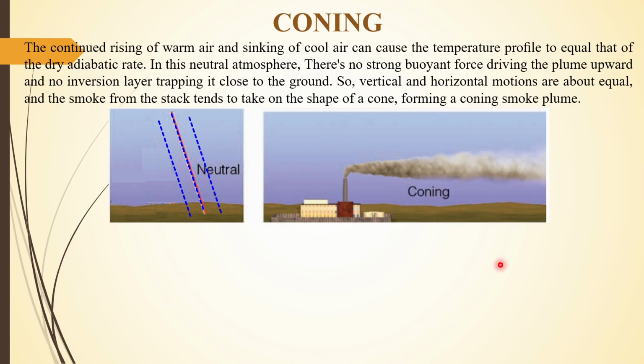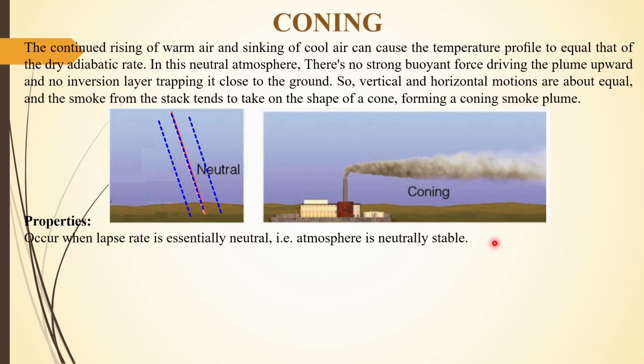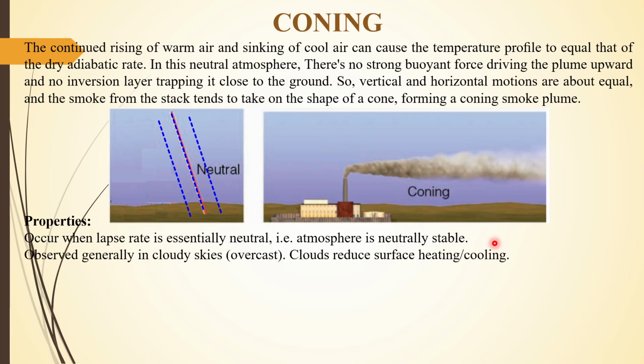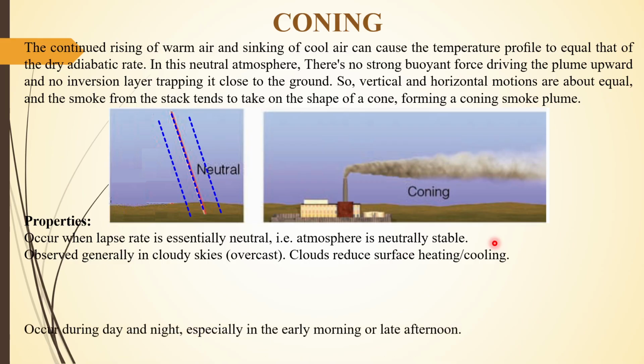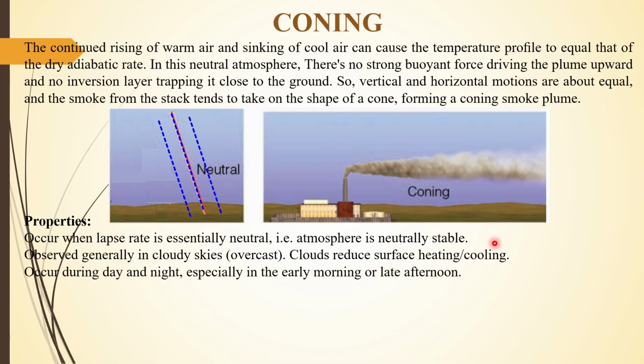The properties: it occurs when the lapse rate is essentially neutral, that is, the atmosphere is neutrally stable, observed generally in cloudy skies, as clouds reduce surface heating or cooling. It occurs during day and night, especially in early morning and late afternoon.